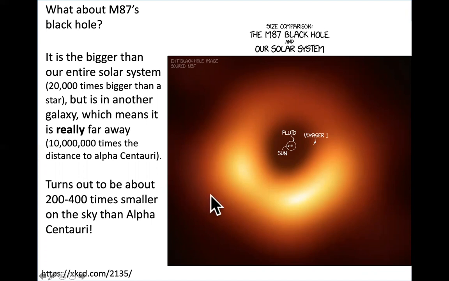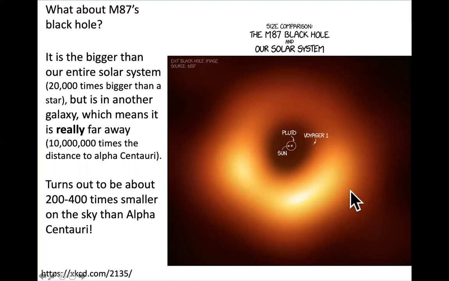It's over 10 million times further away than the nearer stars, which means that this ring, which is what we're seeing here, is 200 to 400 times smaller on the sky than Alpha Centauri is. This is one of the reasons that a lot of astronomers were impressed by this picture.